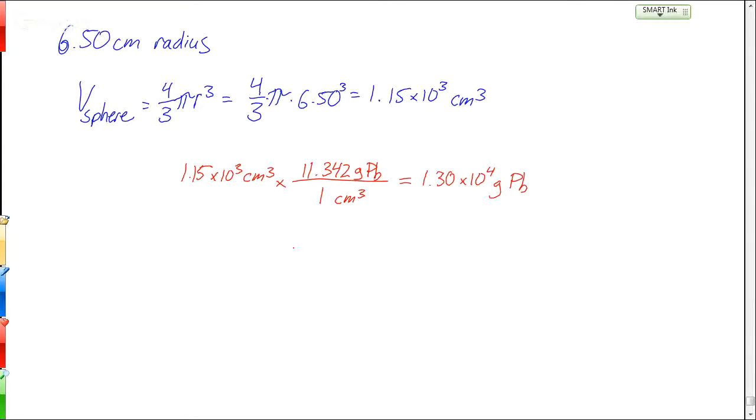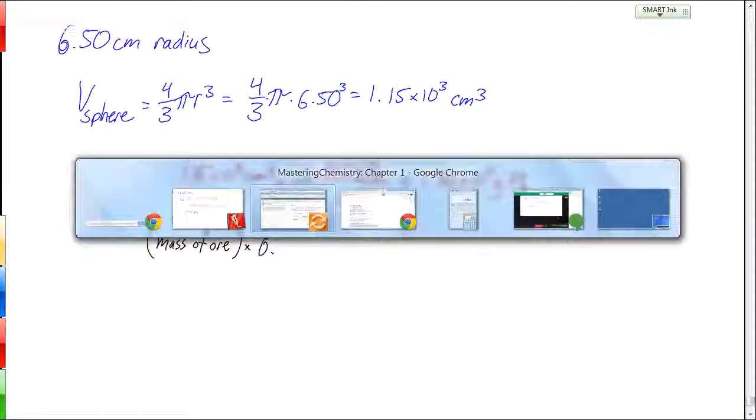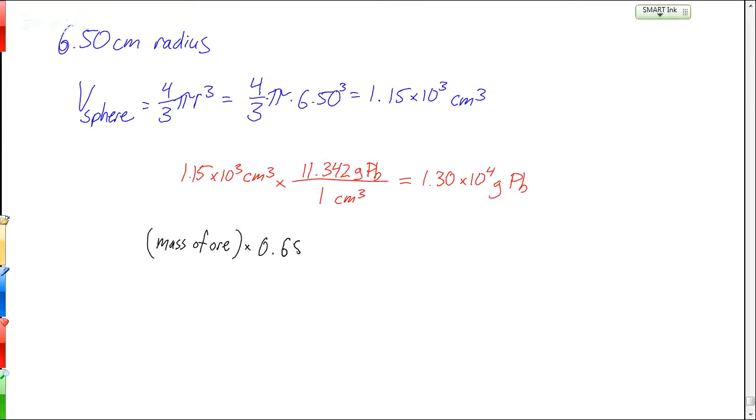So that means the mass of ore, which we don't know, times 0.685, 0.866, and 0.925, all of that should end up being 1.30 times 10 to the fourth grams.